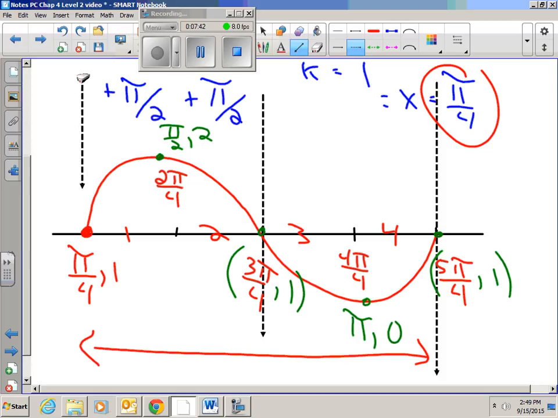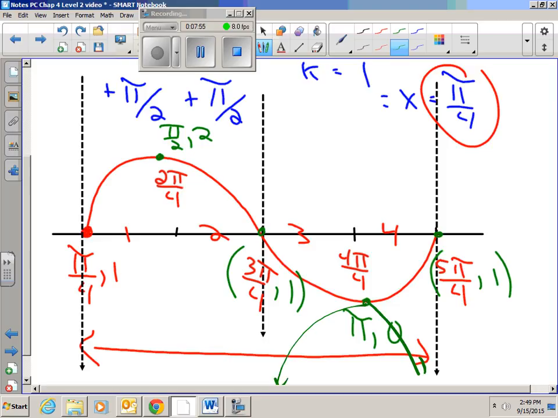Right here, there's an asymptote. Okay, so now we have our graph. Our cosecant curve is going to be between these 2 asymptotes right here, and between these 2 asymptotes right here, the reciprocal of the sine curve. There we go.